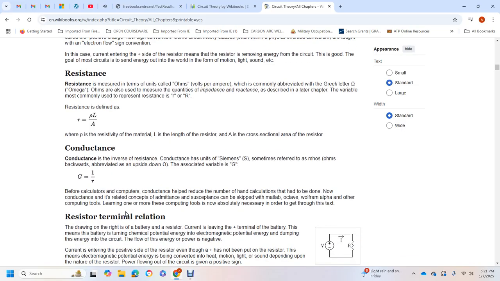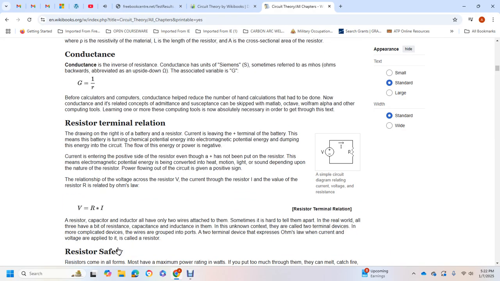Conductance is the inverse of resistance. The conductance unit, Siemens, is sometimes referred to as mhos, or ohms backward, abbreviated with the upside down omega. The associated variable is G. Calculators and computers help reduce the number of hand calculations to be done. Conductance-related concepts such as admittance and susceptance can be skipped with MATLAB, Wolfram Alpha, or other computing tools. Learning one or more of the computing tools is not absolutely necessary to get through this book.